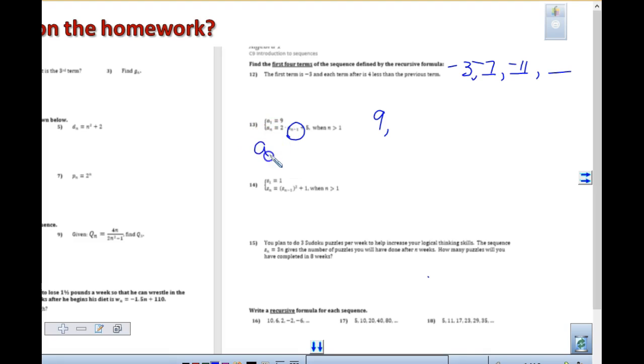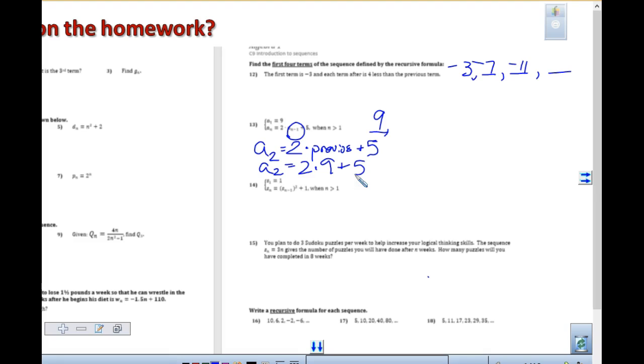This is telling us that if I'm going to find the second term, I'm taking 2 times the previous term, and then I'm going to add 5. So if this is my second, I have to take 2 times the first one, which was 9, and then add 5. That's what that means. A to the n minus 1 is just a shorthand way of writing the word previous.